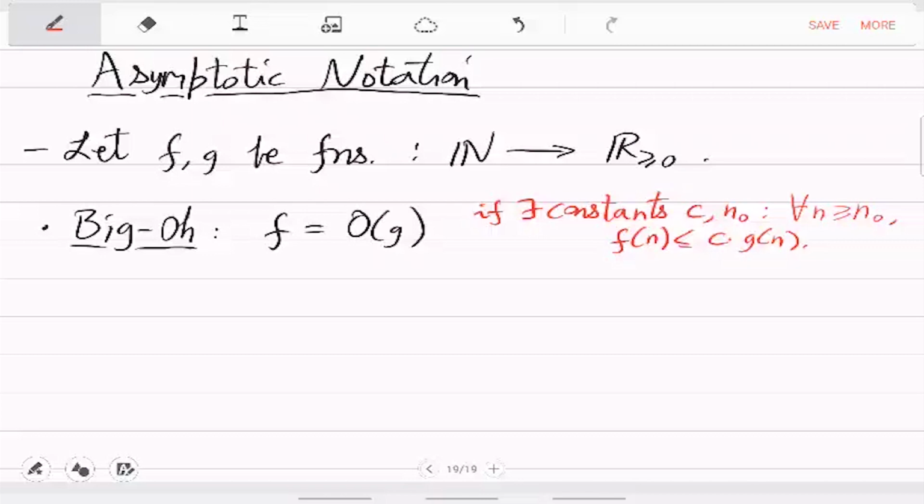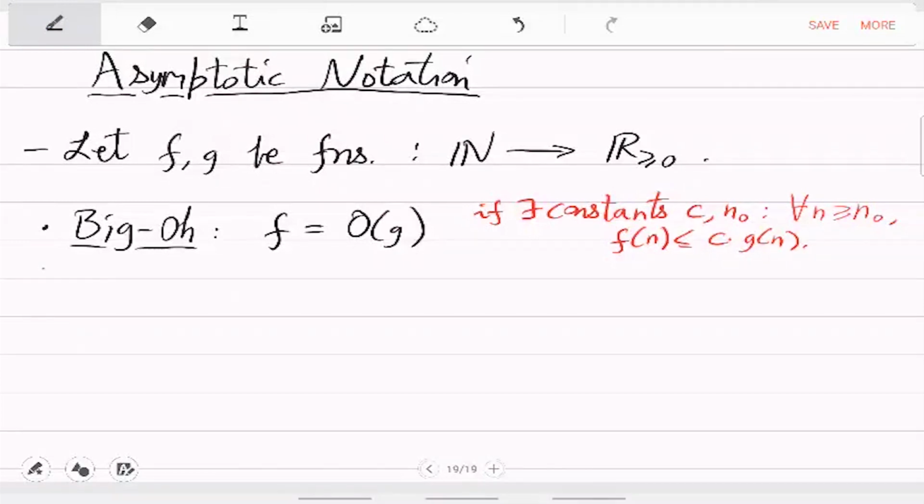First is that f can be a multiple of g, but it has to be constant c. Second relaxation is that this inequality may start to hold after a while. Okay, up to n0 it may not hold. Remember that, but beyond n0 it's always true, right? So after a while f is bounded by g up to a constant c. This is what f equal to big O means.